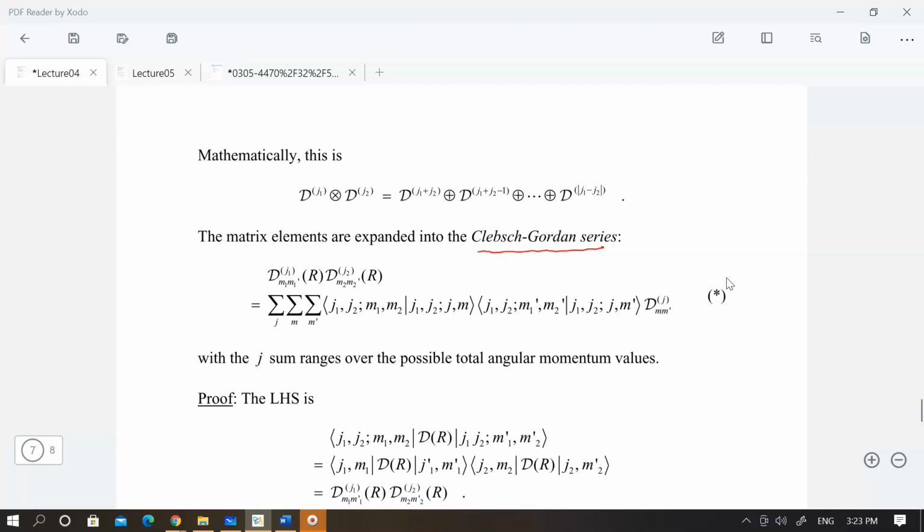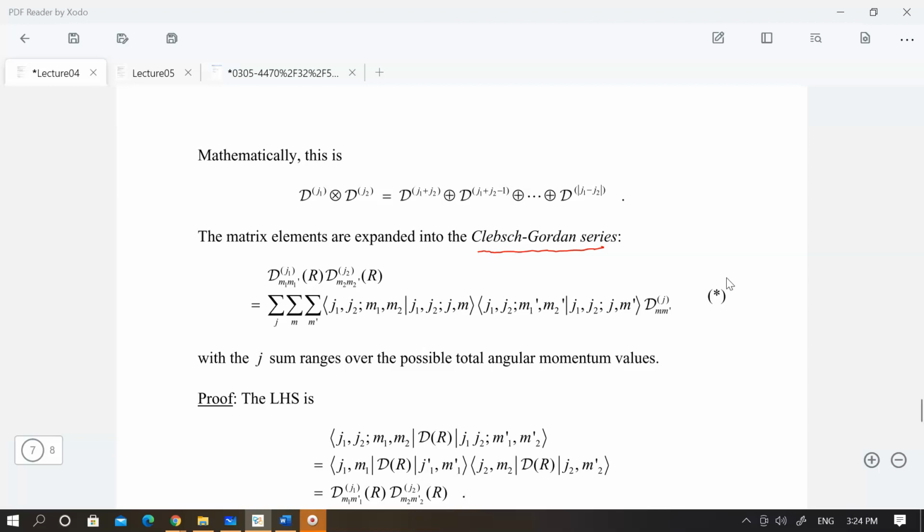The first one will be acting on J1 M1, and the second one will be acting on J2 M2, so there will be a matrix element M1 M1 dash, and then M2 M2 dash as an example.